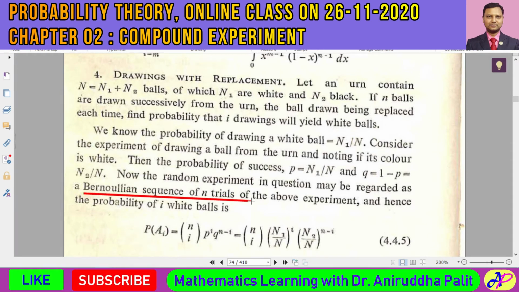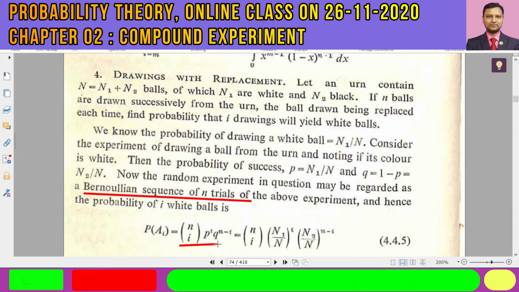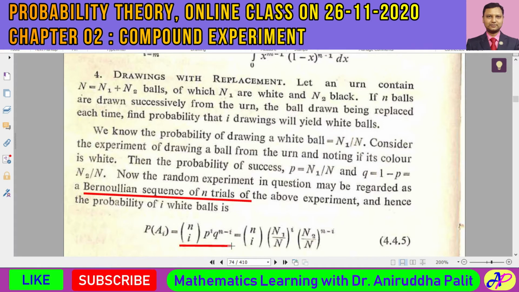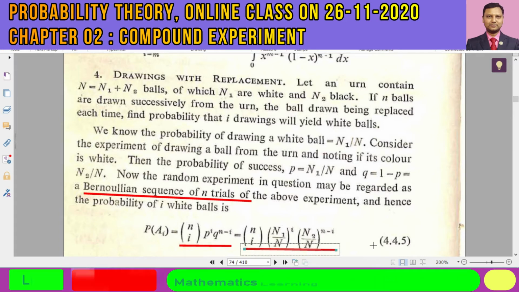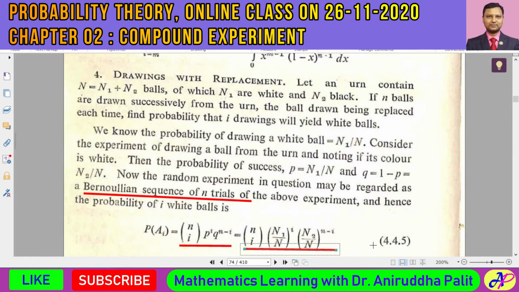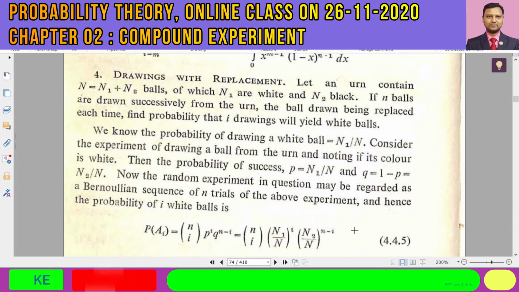The probability of I number of white balls, or I successes in n trials, is equal to nCI P to the power of I into Q to the power of n minus I. Therefore, this is the probability of getting I number of white balls, where P is equal to N1 by N and Q is equal to N2 by N. So this was a very easy discussion.